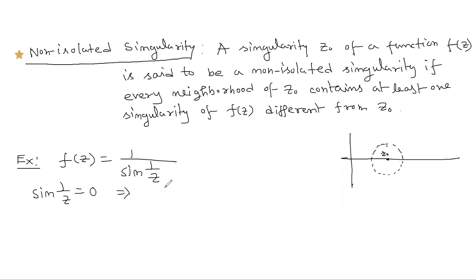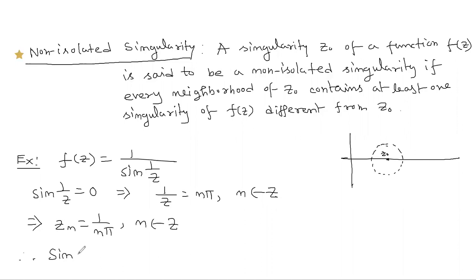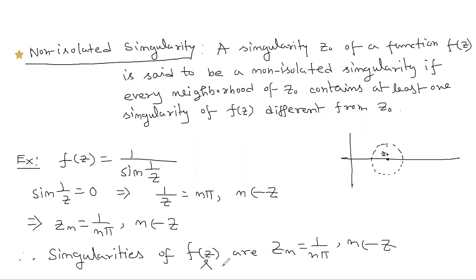Setting the denominator to 0, 1 by z equal to n pi, n belongs to Z. So here the singularities are 1 by n pi, n belongs to Z. The singularities of f(z) are z_n, and their limit point is 0.